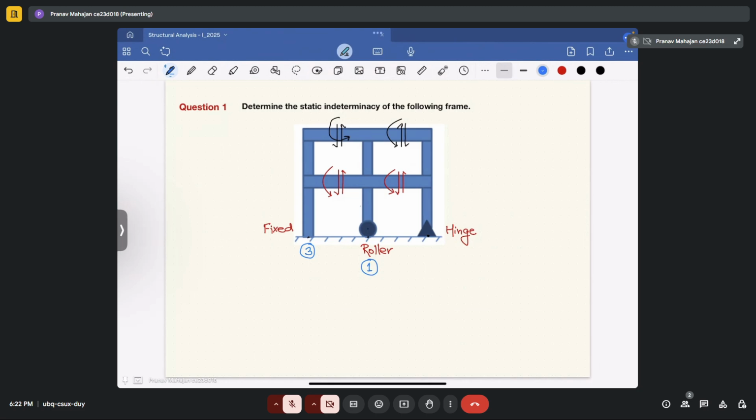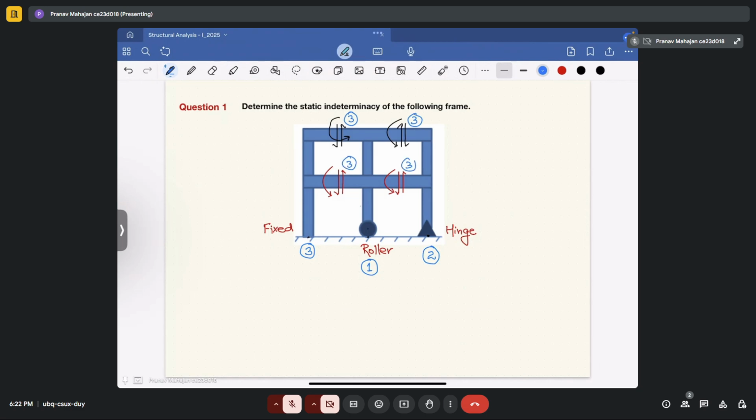In the case of the hinge, you will have 2 reactions as your unknowns, and each frame element will have 3 unknowns.